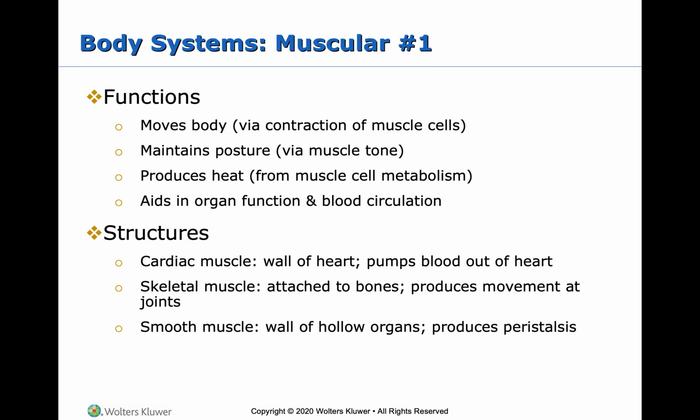That's voluntary control. Smooth muscle is found in the wall of hollow organs. Do you have to think about digesting your food? Do you have to think about squeezing that digested food through your intestines when you're ready to get rid of it? No, that's not something you are consciously thinking about. So that is also involuntary.